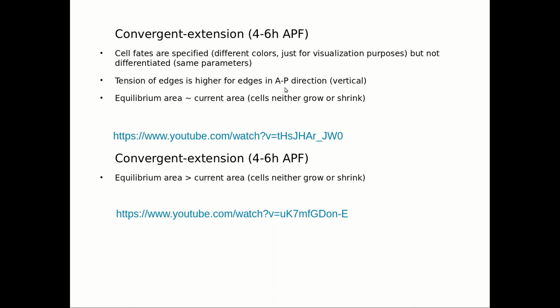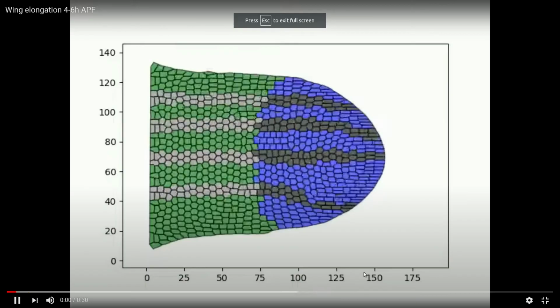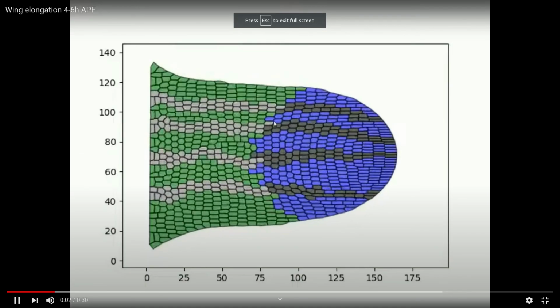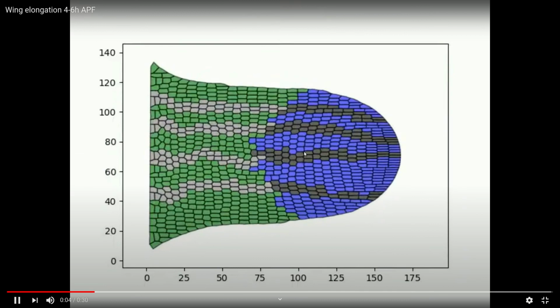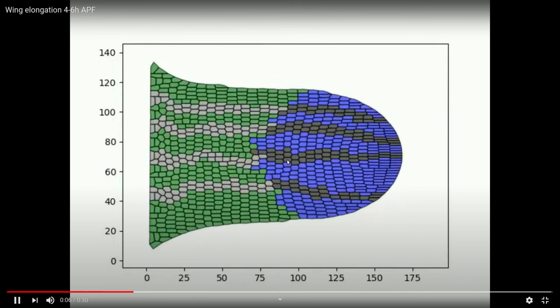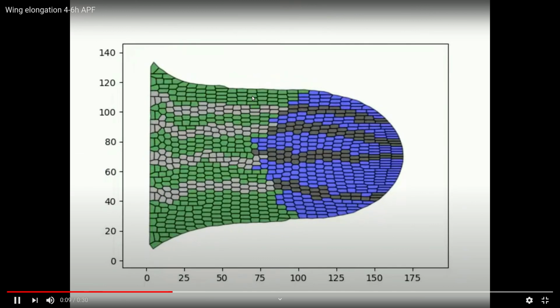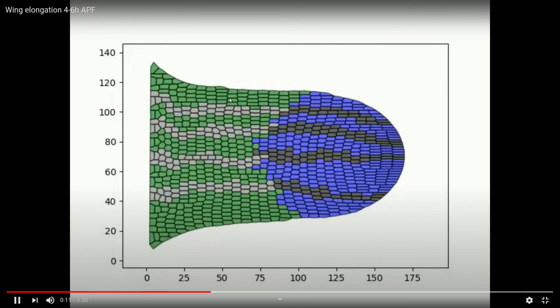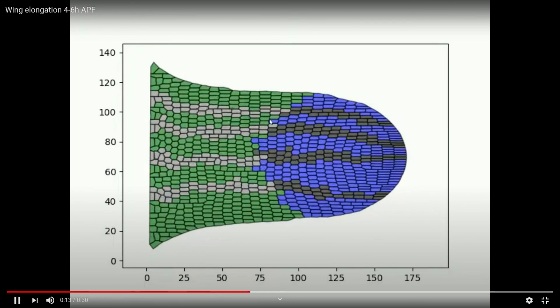So this is what makes cells elongate. Also, the equilibrium area is more or less like the current area, so cells do not change their area, they only change their shape. As you can see, there are lots of T1 transitions that contribute to relaxation of cell shape and to shrinkage of the wing and elongation.